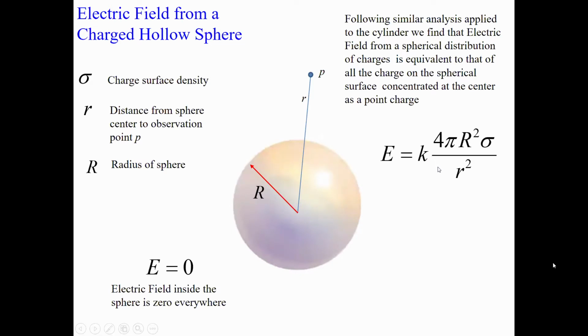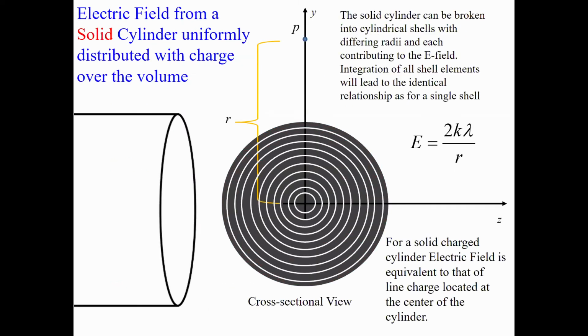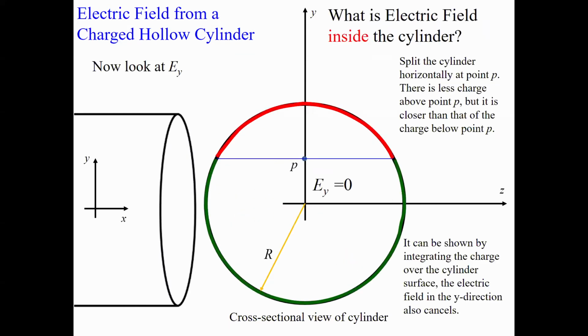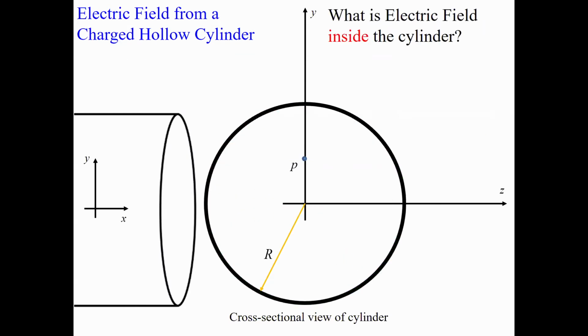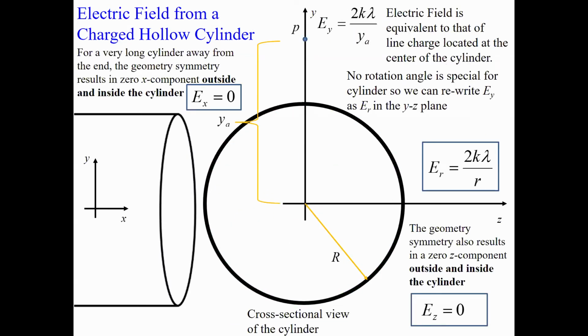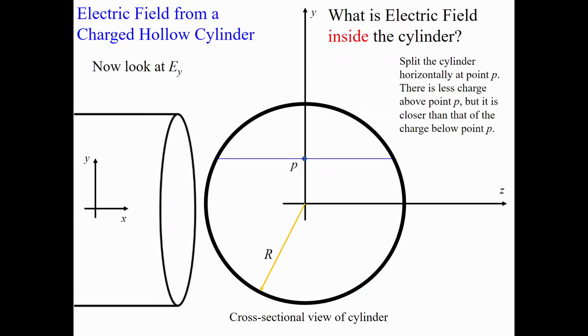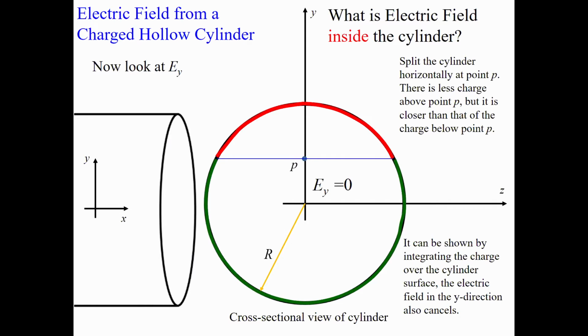So why is the field inside the sphere 0 everywhere, but in the previous example it wasn't? Like the cylinder? It was. Inside, it is 0 everywhere. Yeah. This is outside, I believe. And inside, it's 0 everywhere.